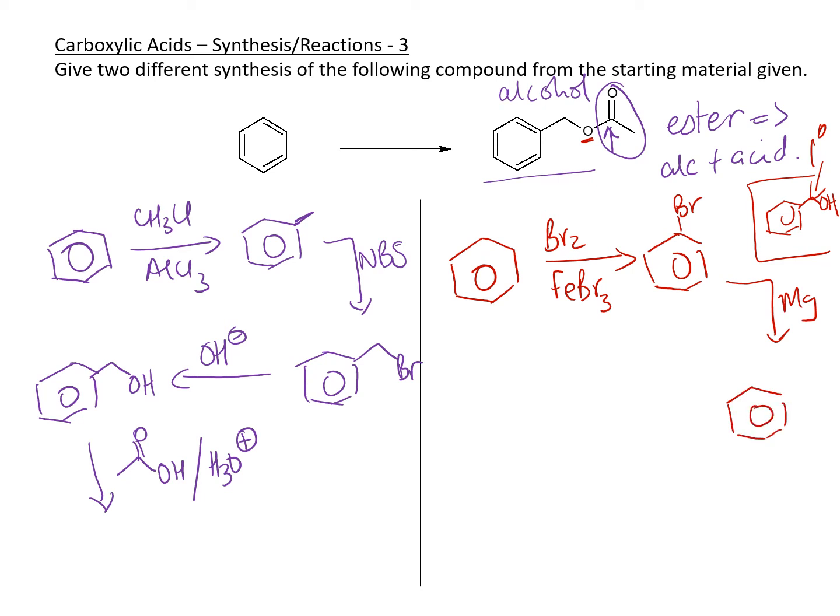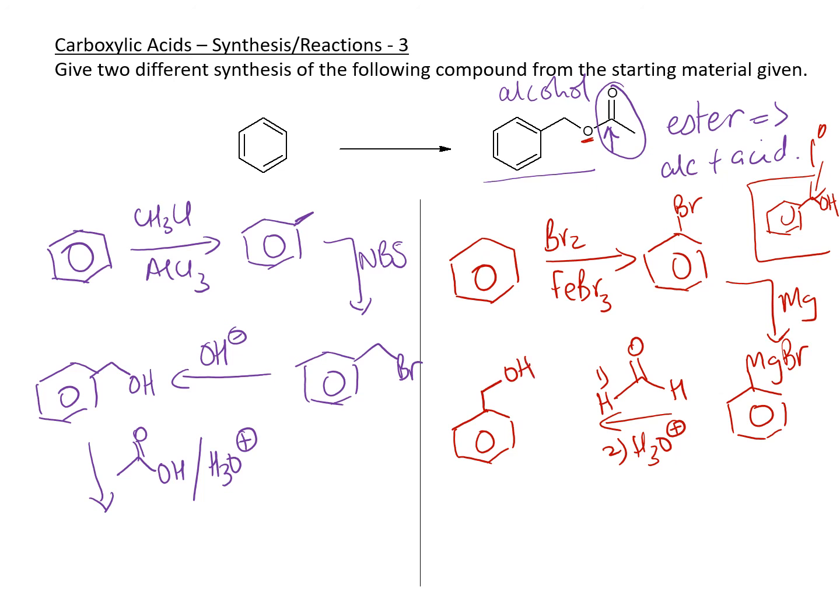Now I can do everything in one step, but I just want to write it out so that you can also see it. Then I need to add only one carbon, and to add one carbon only, I need to add formaldehyde. Then I need to do hydrolysis to protonate my alcohol, and that should give me the benzyl alcohol. So that would be another way of forming benzyl alcohol.